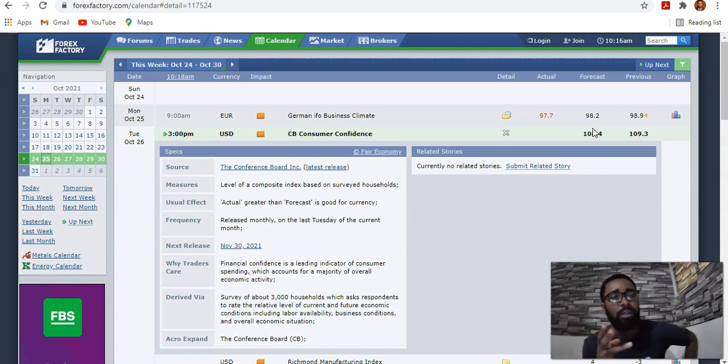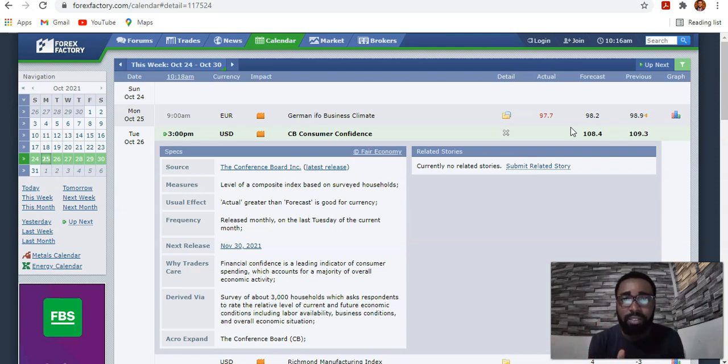So if you're trading gold, when I'm talking about gold, I mean XAU USD, GBP USD, Euro USD, if you're trading these pairs and the news is good for the currency, then these pairs will sell. I repeat, if the news is good for USD, then these pairs I just mentioned will sell. But if the actual is less than forecast, then these currencies will buy.